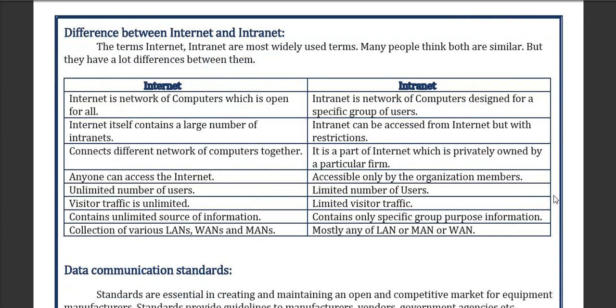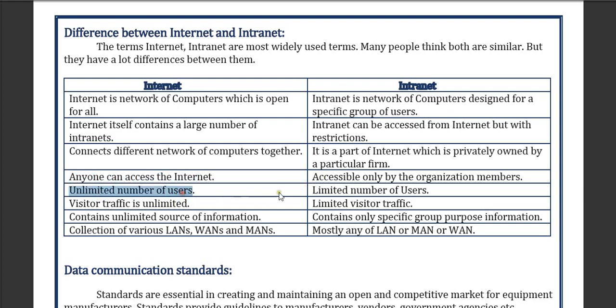The difference between internet and intranet. The internet means the network of computers which is open for all, but in an intranet the computer network is designed for a specific group of users. Anyone can access the internet, but an intranet is for an organization.